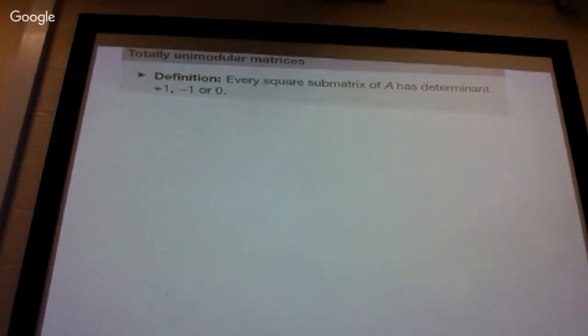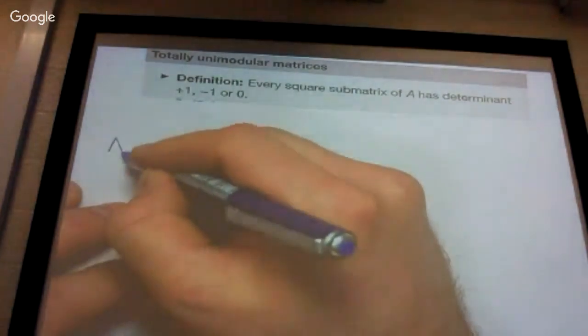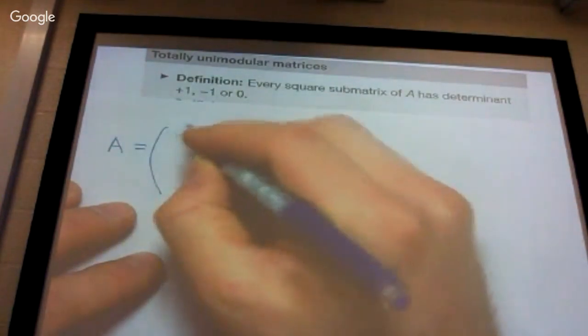So firstly, do you understand what a square submatrix is? I just said it, but okay, let's say A is this.